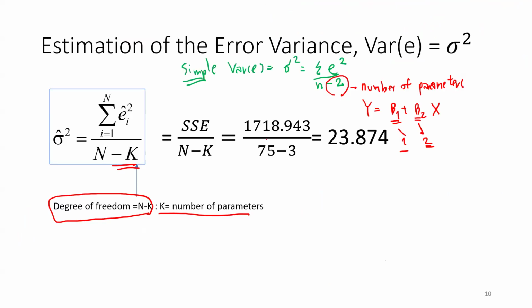So n is 75 minus 3, then we get the variance of error. So you can know k by counting the betas.